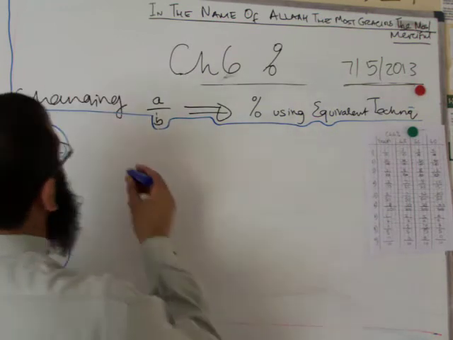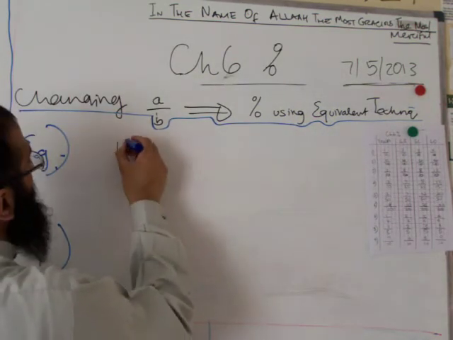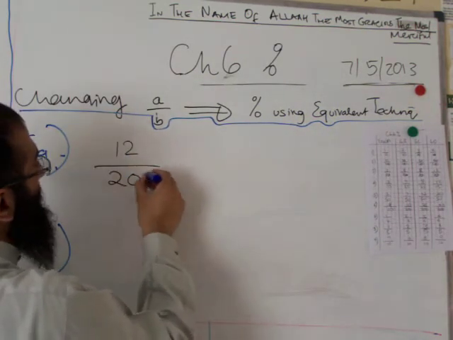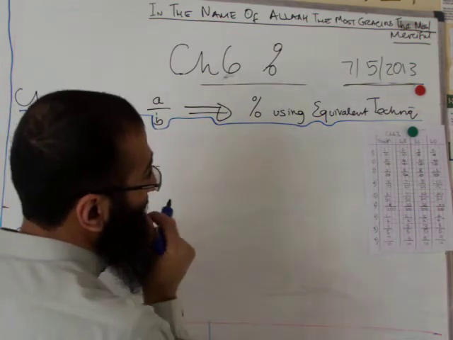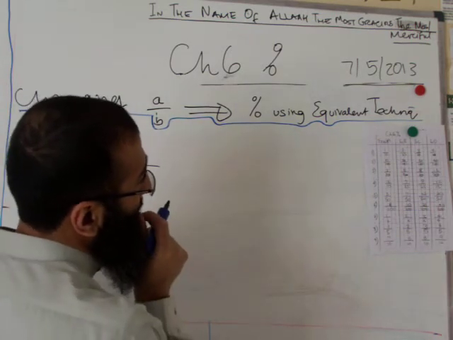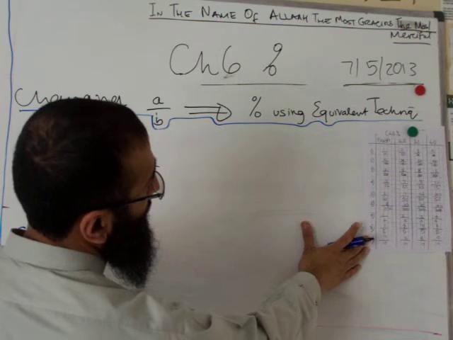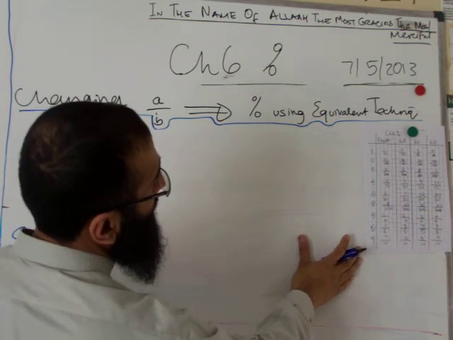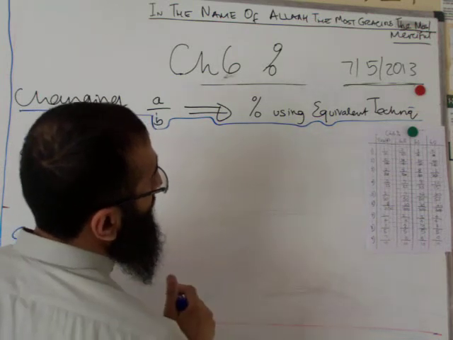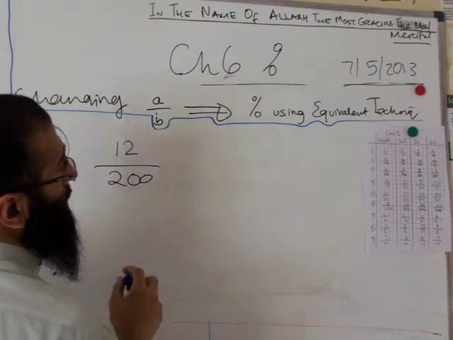So say for example we have 12 over 200, is a good one.